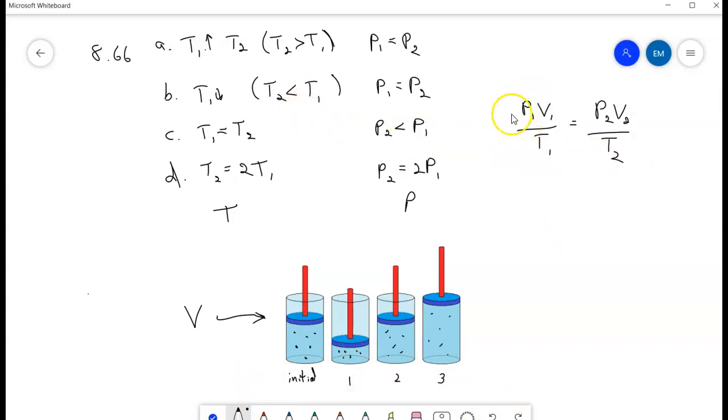Okay, so let's start plugging numbers. First of all, we know that P1 V1 over T1 must be equal to P2 V2 over T2 because we have the same amount of stuff in the cylinder. The amount of gas doesn't change. So that's staying the same.